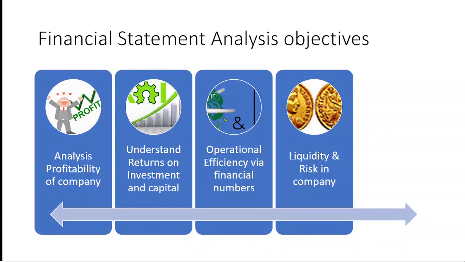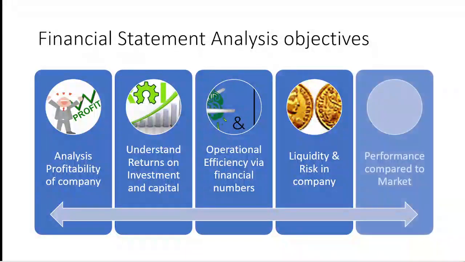What they are interested in is whether the company will be able to pay the interest on time, pay their dues on time, and sufficiently survive for a longer period of time to stay on to their commitments. So that's the liquidity and risk in the company. There are certain segments of financial statement analysis which are dedicated to achieving this particular objective.